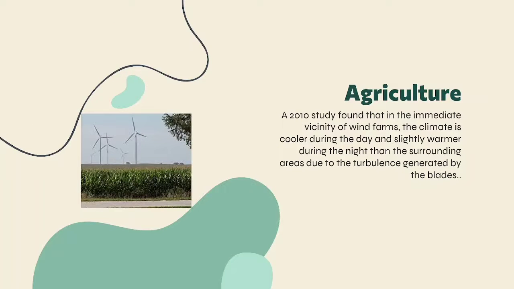A 2010 study found that in the immediate vicinity of wind farms, the climate is cooler during the day and slightly warmer during the night than the surrounding areas due to the turbulence generated by the blades.